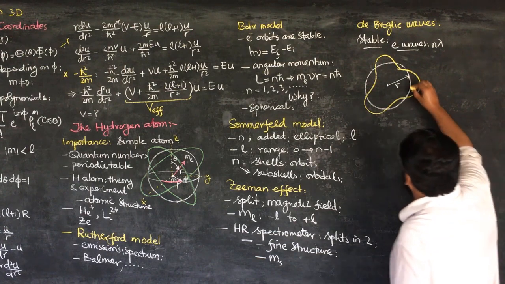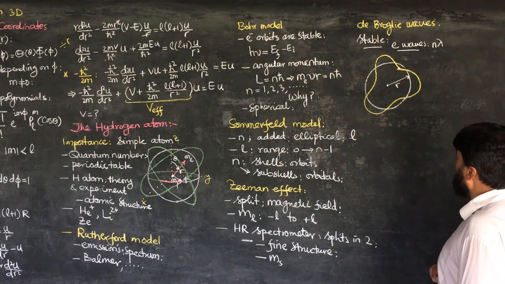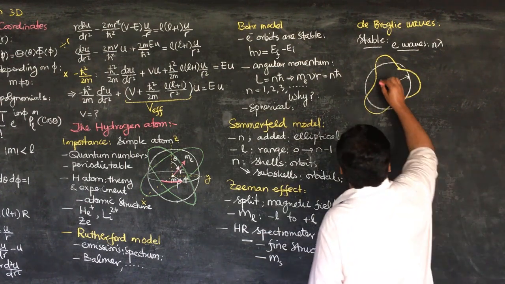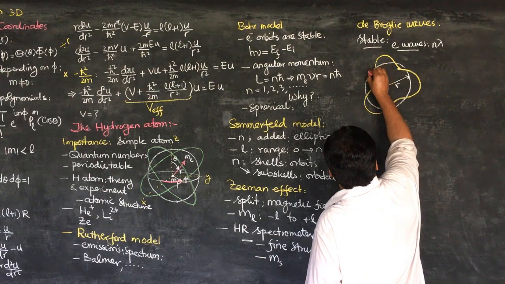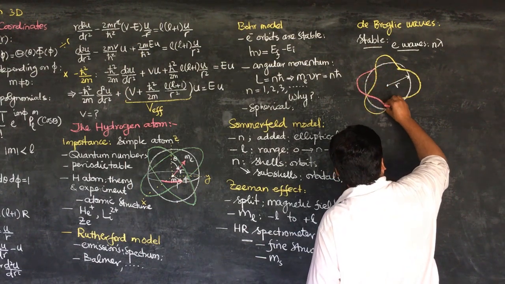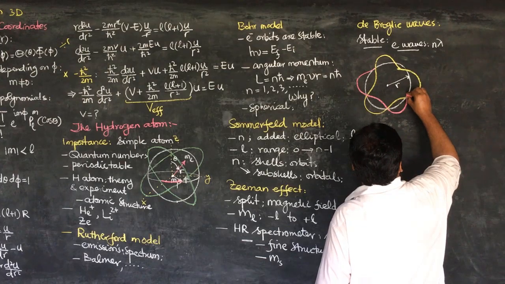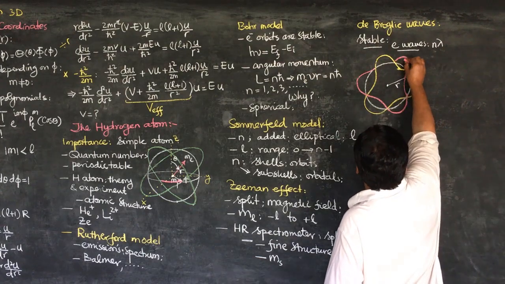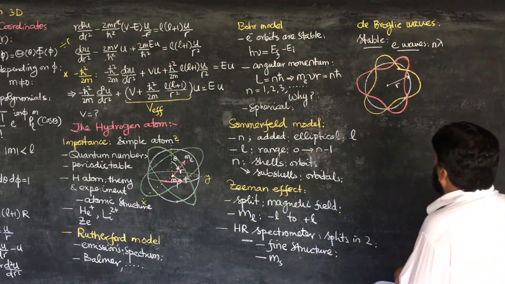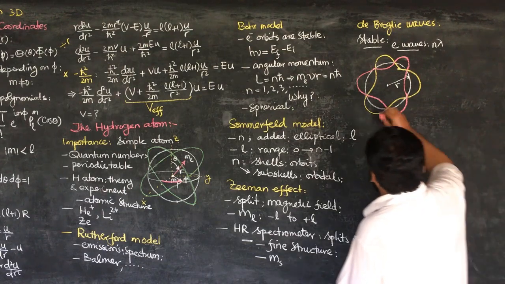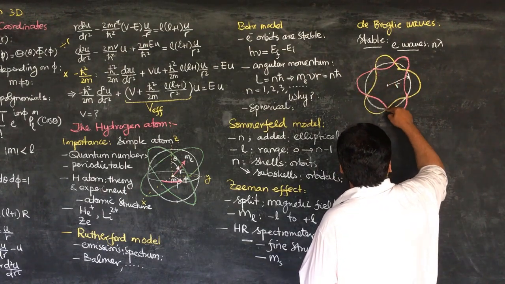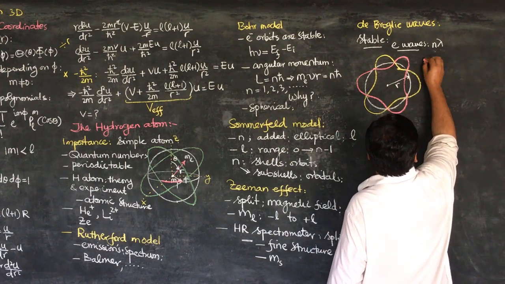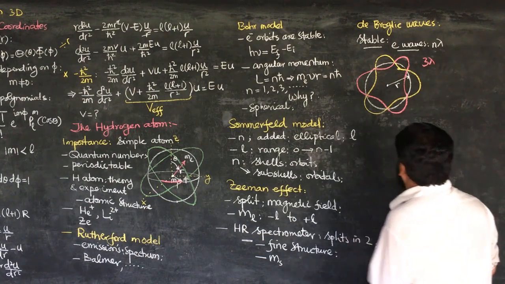Though my drawing is not that good, you can find these diagrams very easily on the internet. Here actually 3 wavelengths are there. This starts here, completes 1 here, then 2, and then 3. So here we have 3 wavelengths.